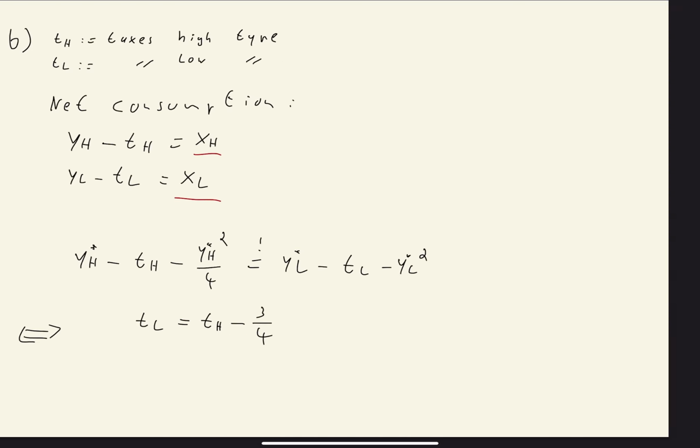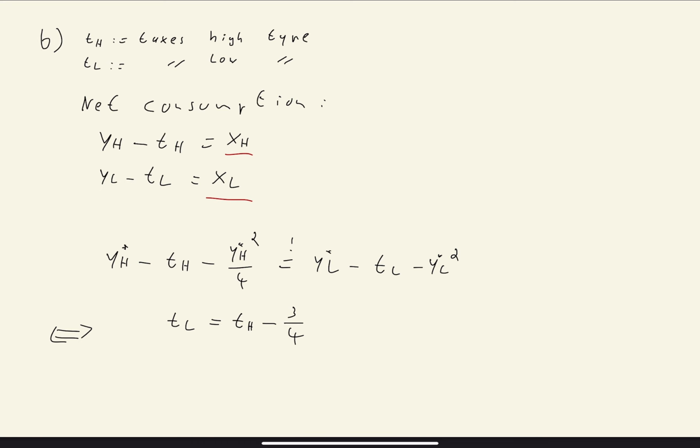In the balancing condition, you plug in the values for YH star, and for XH and XL, which are given by those expressions here, and you end up with the following condition: 1/3 times TL plus 2/3 times TH should be equivalent to G, the amount of revenue that the government needs to raise.